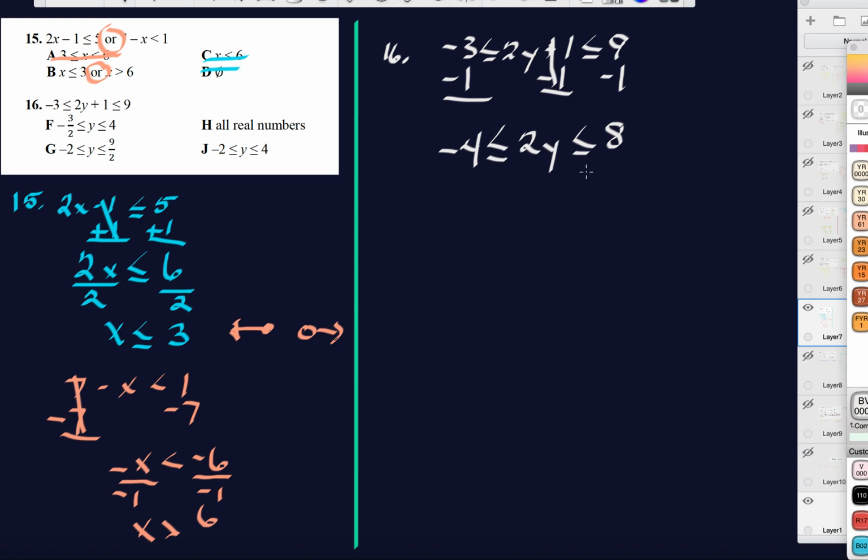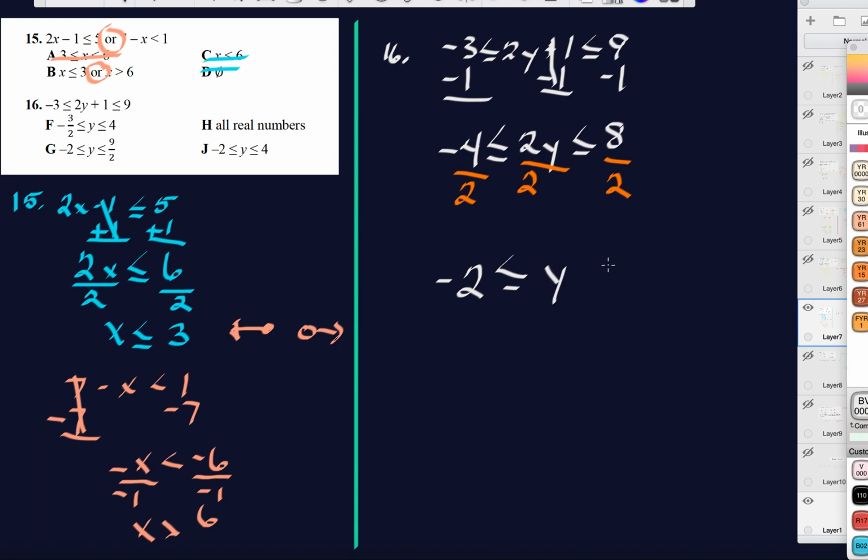And then I'm going to do the same thing I just did. I am going to divide all 3 pieces by 2. Why? Because I want to isolate one single variable as opposed to having 2 of them. All right, so divide everything by 2. Go back to my original color. Negative 4 divided by 2 is negative 2, is less than or equal to y. Why?